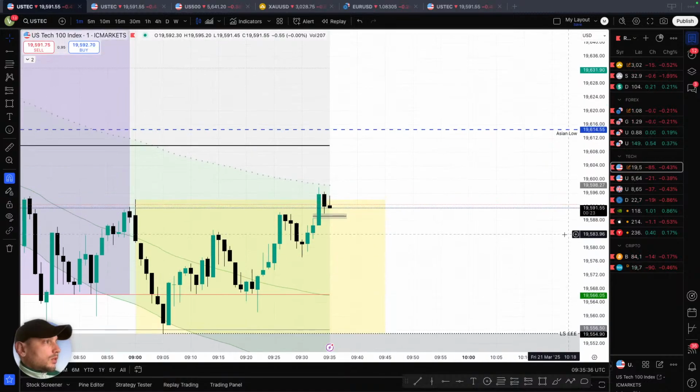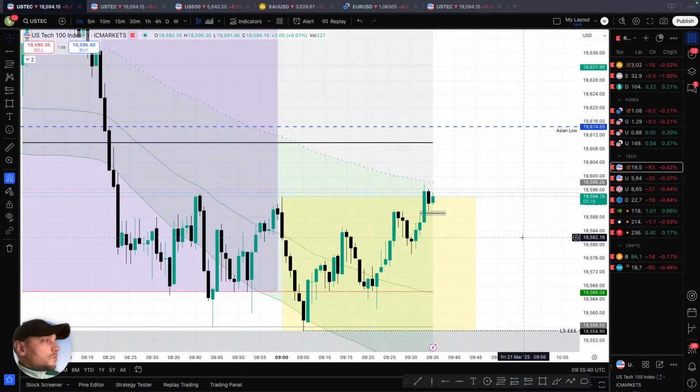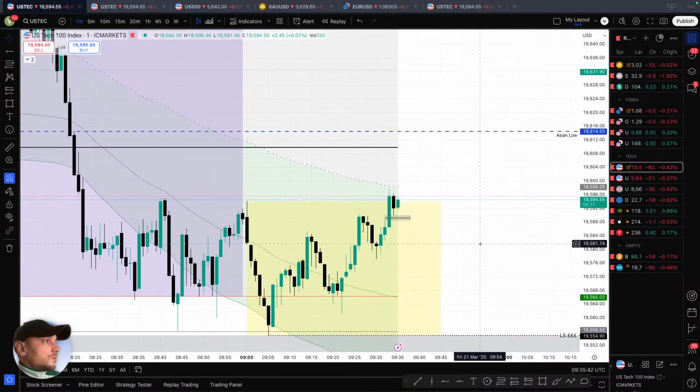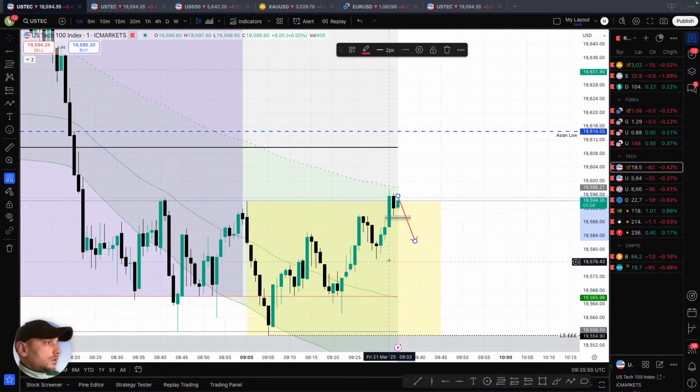We just left this small fair value gap. I want to see a deeper retrace. I'm not going in under these lows.